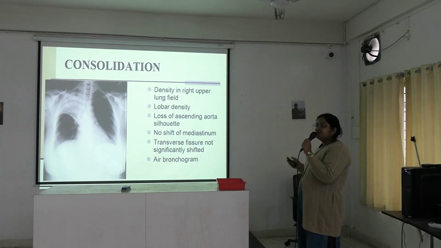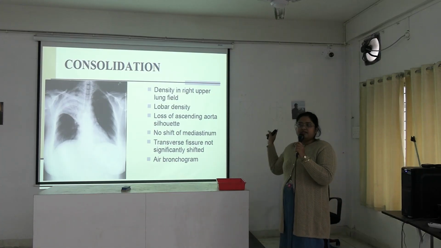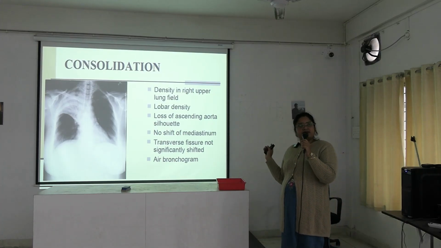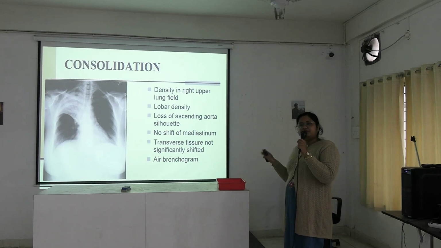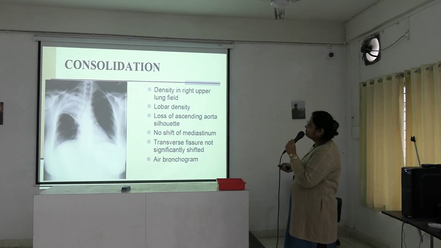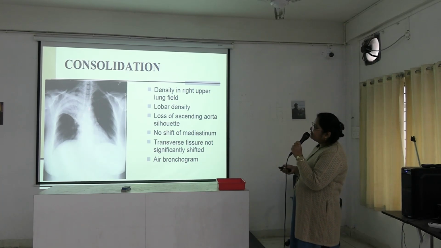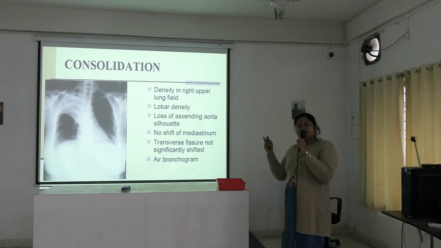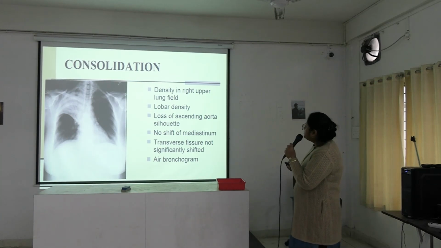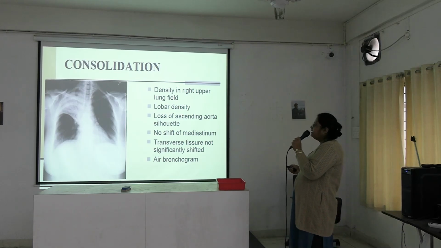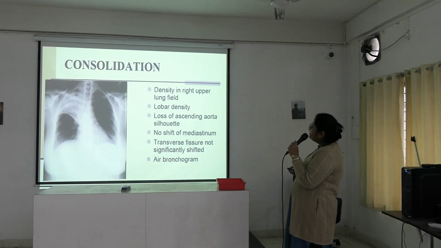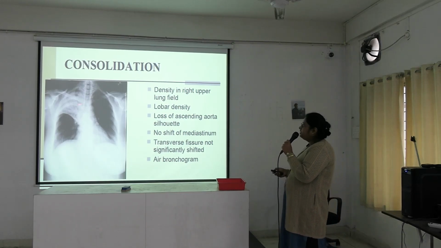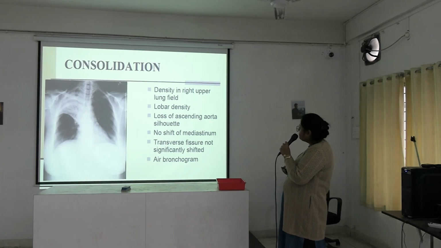Next, consolidation. So that was normal lung shadows. Okay. Next, we are going to some abnormalities. First, consolidation. In this part you can see the consolidation occurring in the upper lobe of the right lung. So there is density in the right upper lung field, and loss of the ascending aorta silhouette. Okay, the ascending aorta cannot be visualized properly.